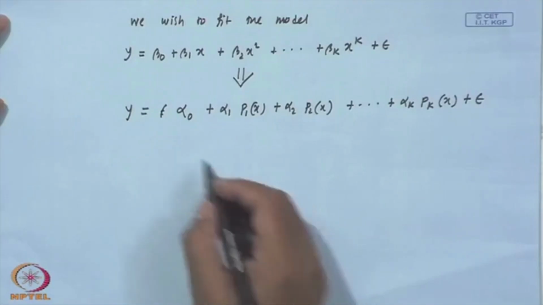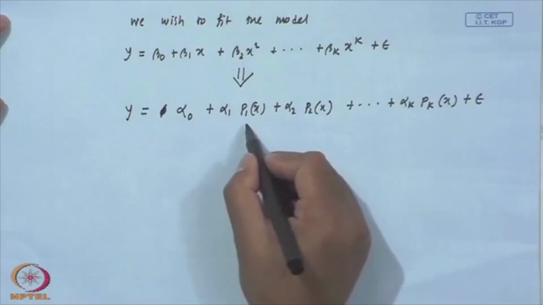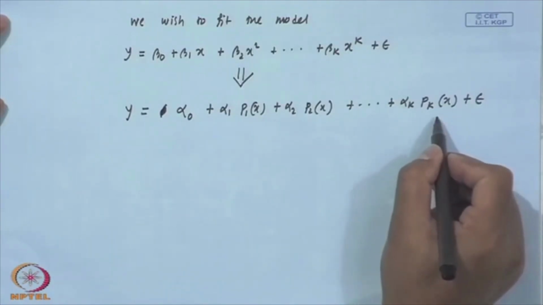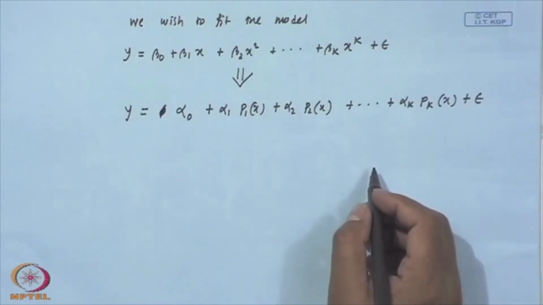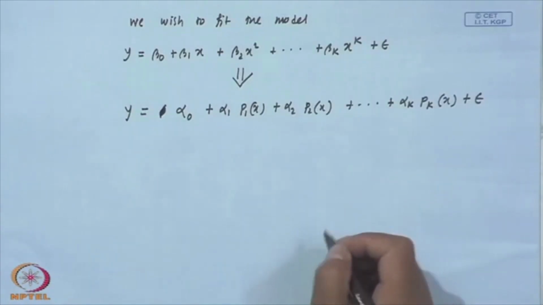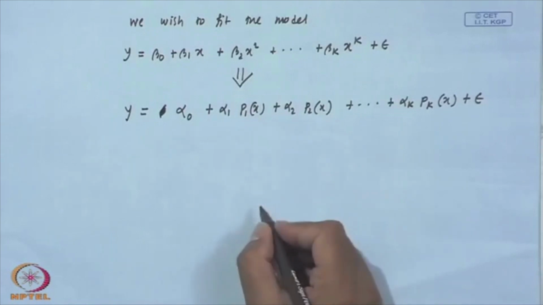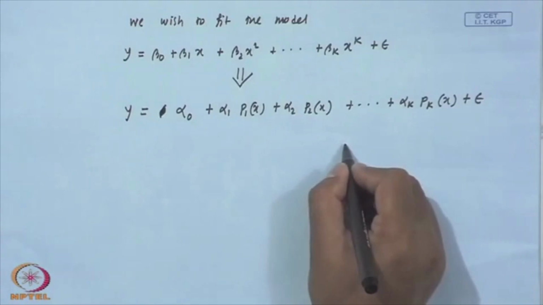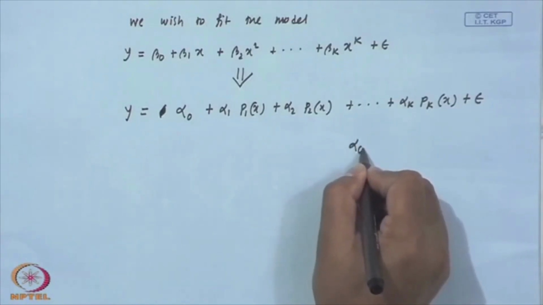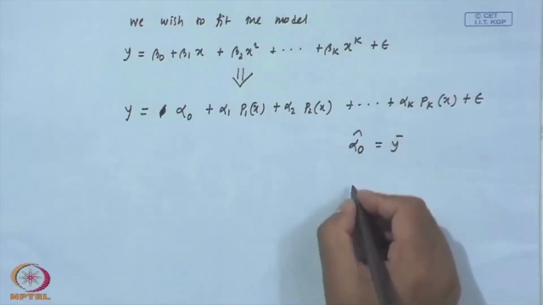Well, we know how to fit this model, we know what these orthogonal polynomials are. Please refer to my lecture on polynomial fittings to know more about these orthogonal polynomials. What we know is that alpha naught hat is equal to y bar.